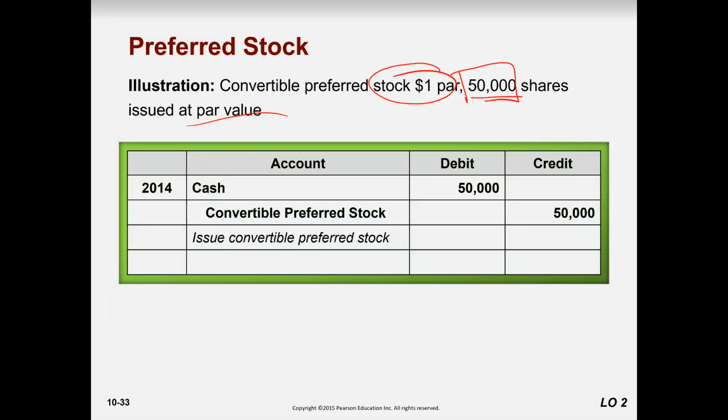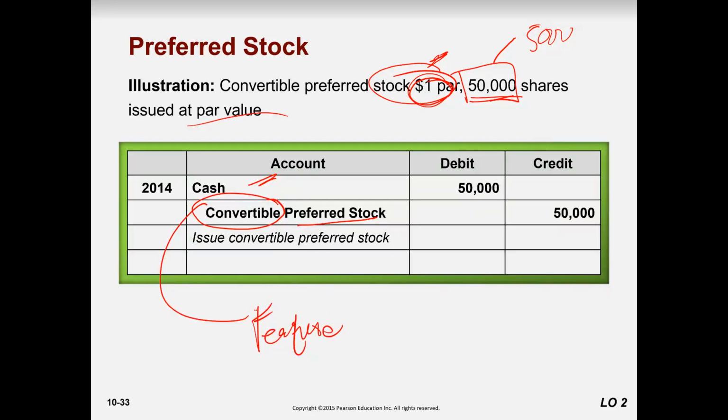Sorry, you issued convertible preferred stock of par value 1, 50,000 shares. So how much did you issue? 50,000. You received cash 50,000 against preferred stock. So cash received to preferred stock, which is convertible. So this convertible is basically a feature.